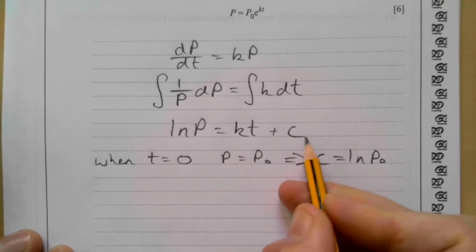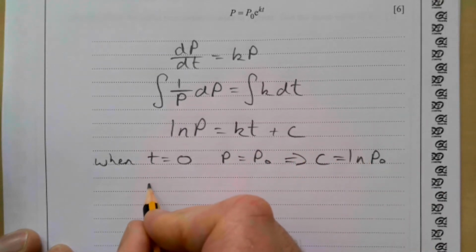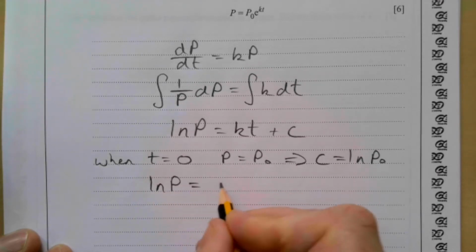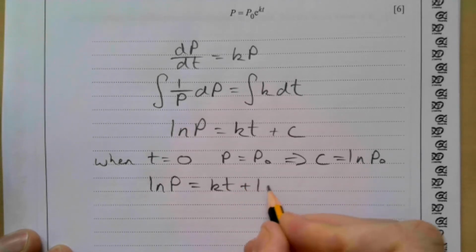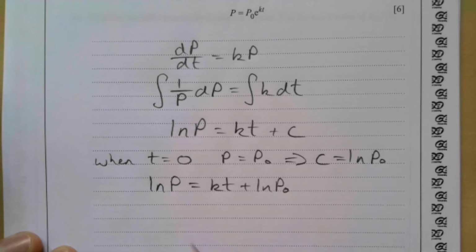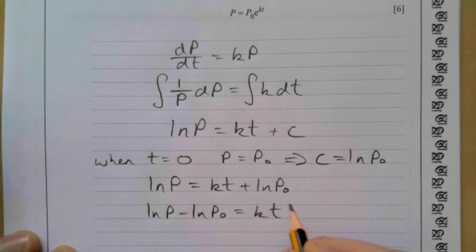So changing my c for an ln P0, I have ln P equals kt plus ln P0. ln P minus ln P0 equals kt.